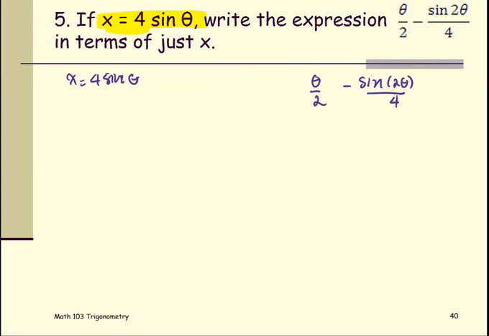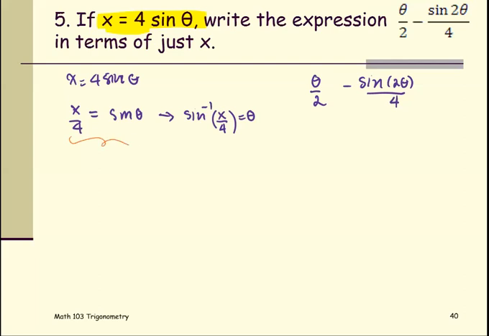Now from x equals 4 sine theta, we can rewrite it as x over 4 equals sine theta. Therefore, the inverse sine of x over 4 is theta, as a relationship of the function and its inverse.